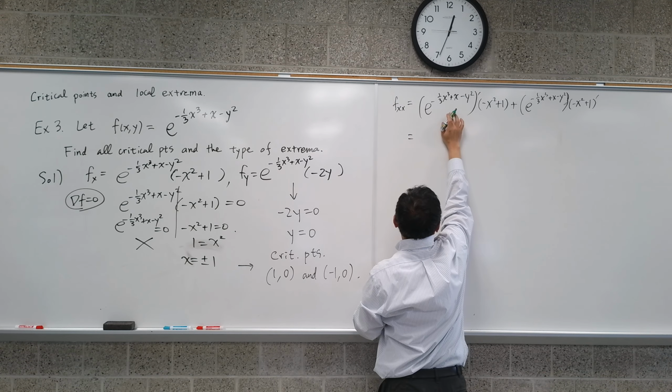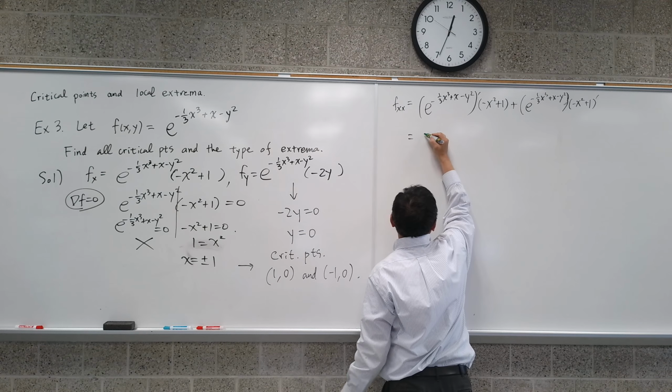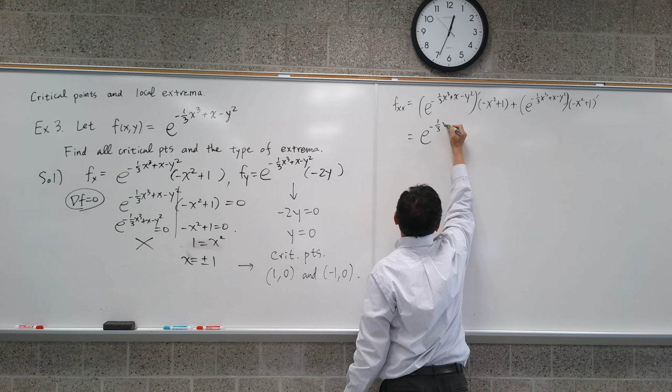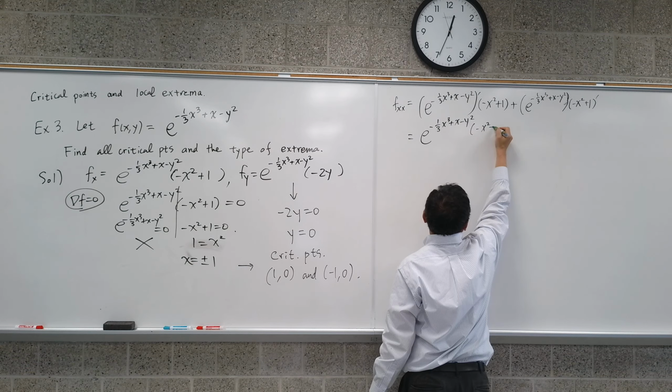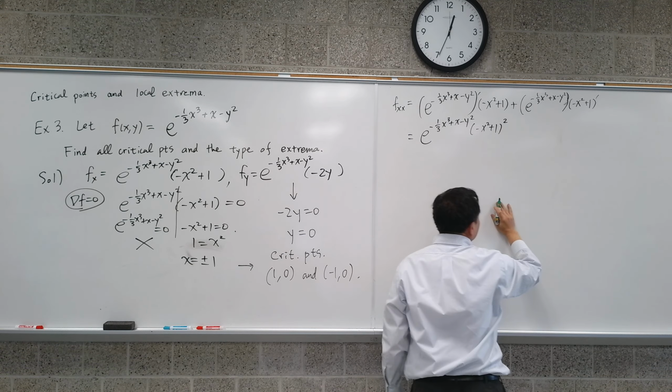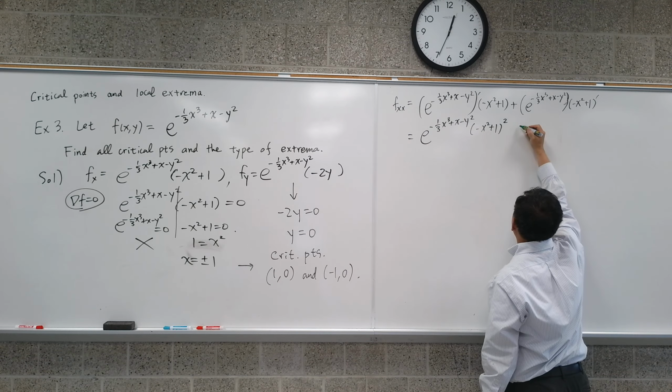And because the derivative of this is exactly this one, you just have this squared. And for this one, you differentiate by x, you get negative 2x.